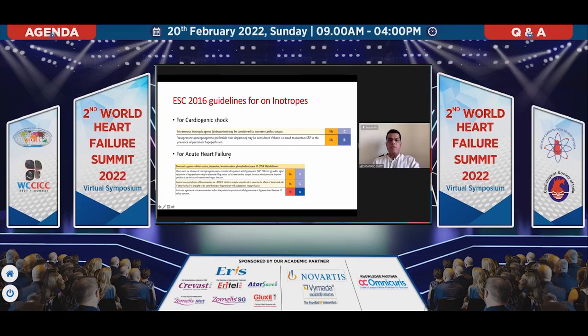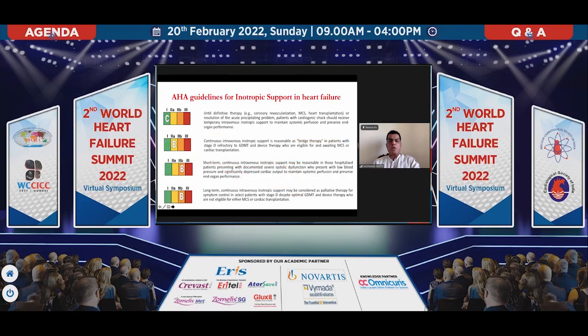Now, the ESC guideline for inotropes very clearly says for acute heart failure, 2B C as a short-term IV infusion, and levosimendan and PDE inhibitors like milrinone, 2B C, and of course inotropic agents are not recommended unless the patient is symptomatically hypotensive. We must remain symptomatic; just on the level of BP you should not touch. The American AHA guideline also says 1C until definitive therapy, and 2A B, 2B B, 2B as short-term therapy, long-term therapy, or continuous inotropic therapy.